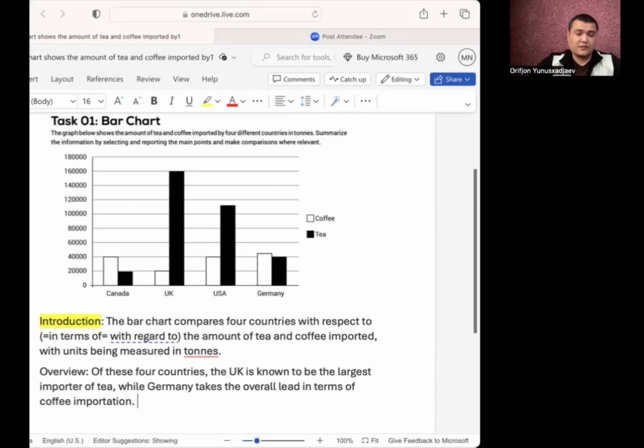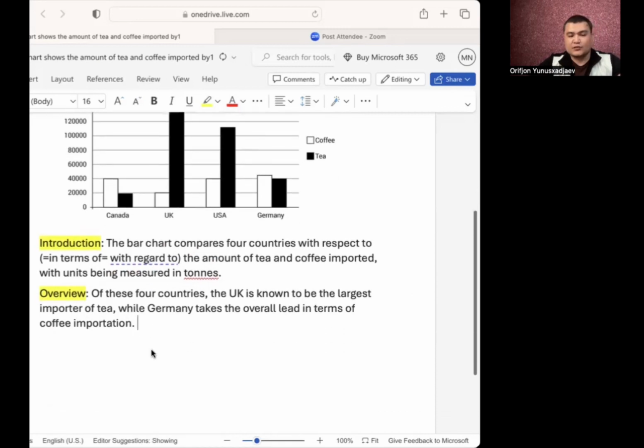Of these four countries, the UK is known to be the largest importer of tea, while Germany takes the overall lead in terms of coffee importation. All right, so we provided one sentence here, but this one sentence is too short, right? It would be better to add some more information into our overview to make it stronger.